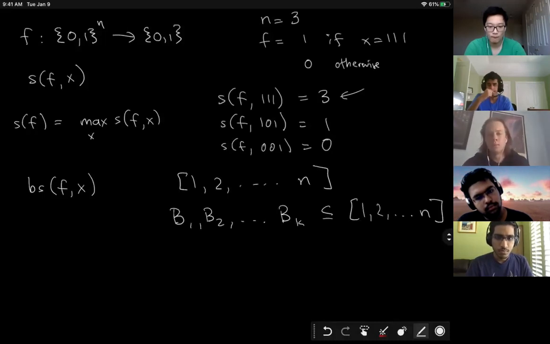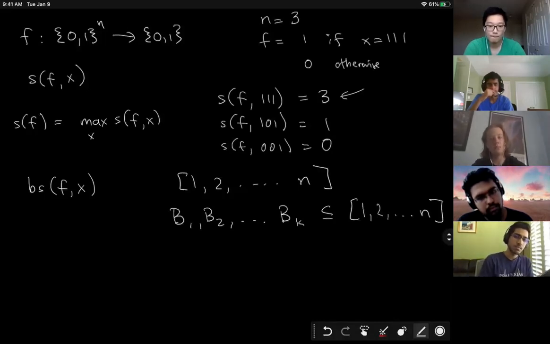You don't have to partition them, but you just take disjoint subsets of this big set. And the block sensitivity is defined as the maximum number of these blocks such that flipping everything within those indices flips the output of the function.